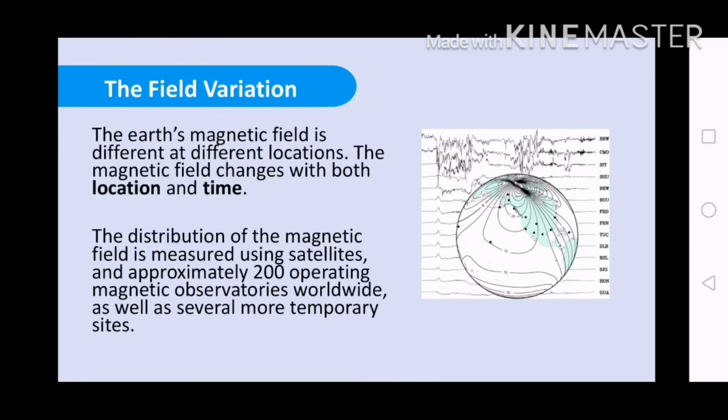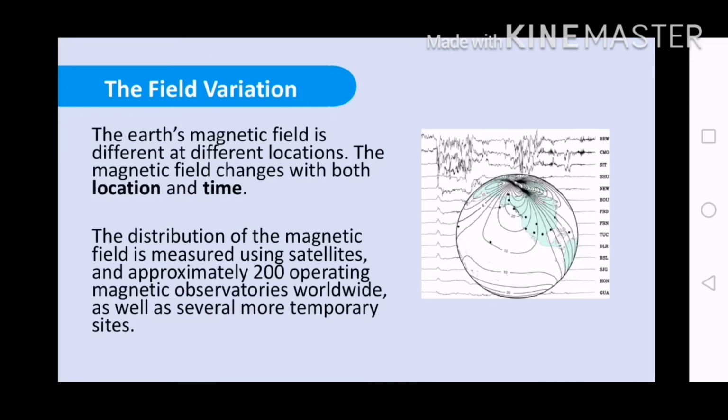Now, coming to the field variation. On Earth, the magnetic field is different at different locations, as I showed you before on the map. The magnetic field changes with both location and time.